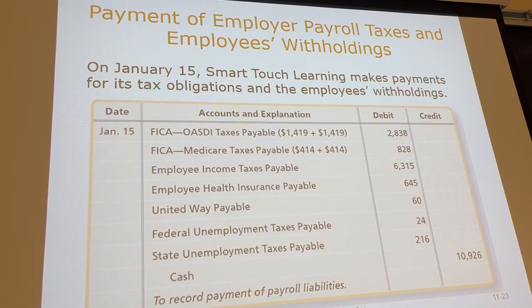Now, on January 15th in this example, the employer is going to send all of the money in to the IRS and the State Department of Revenue and to United Way and Blue Cross and whoever else money is being sent into. So here's what the journal entry is going to look like for that.